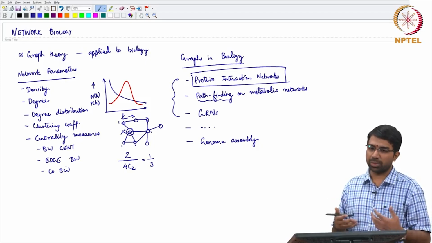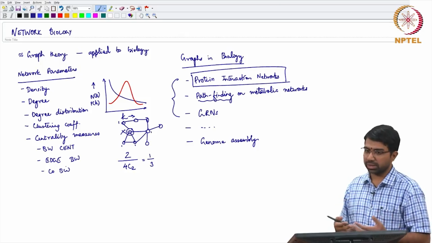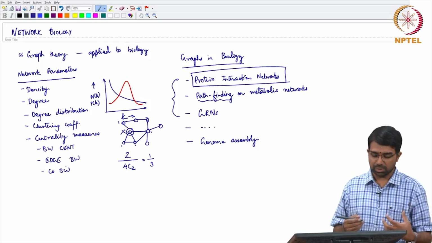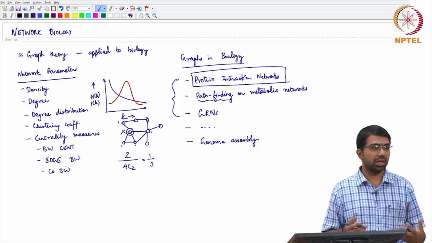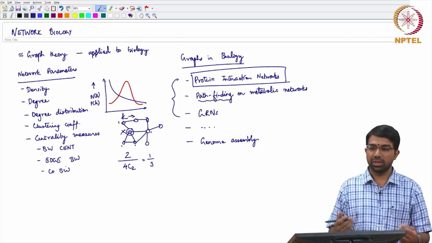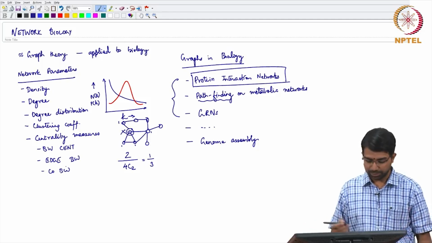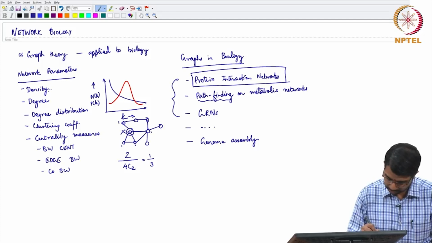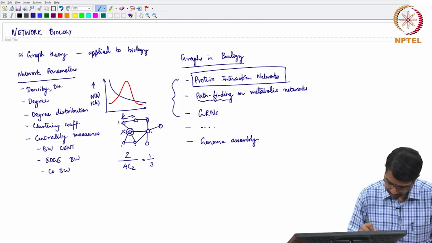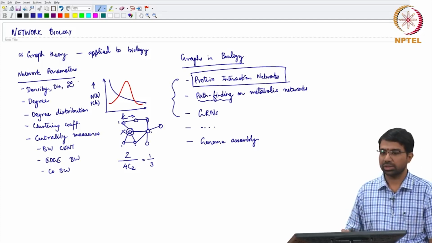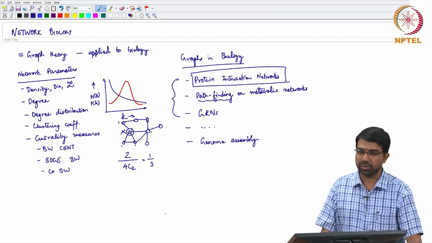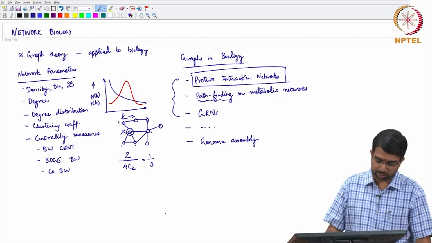Some of these are node properties, some of these are edge properties, some of these are network properties. You can also study network averages, network average clustering coefficient. Diameter is already a network property. So, maybe I will say density, diameter, characteristic path length. Characteristic path length is the average separation between a pair of nodes in the network.